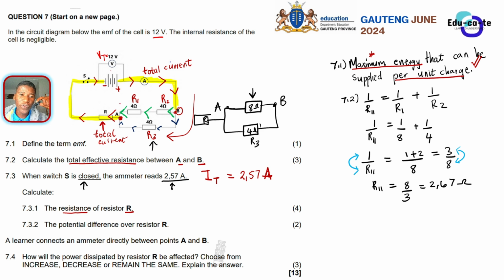So now we know that the total current is 2.57 amperes. So we already know one thing about resistor R, 7.3.1. We already know that resistor R is getting a current which is equal to 2.57 amperes, which is the total current. That's the current through resistor R.